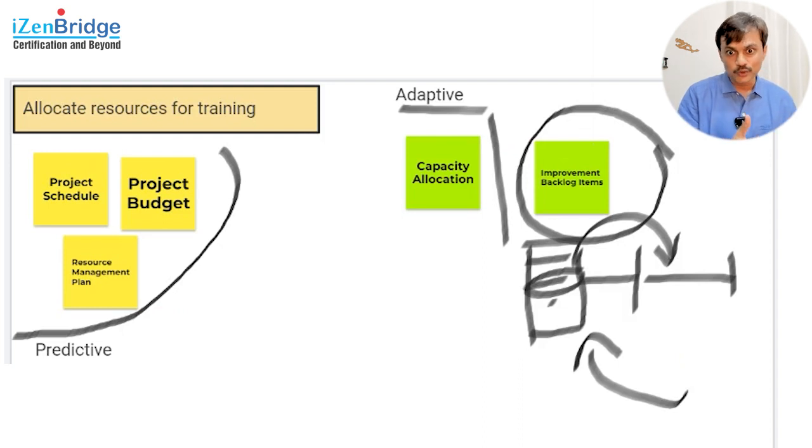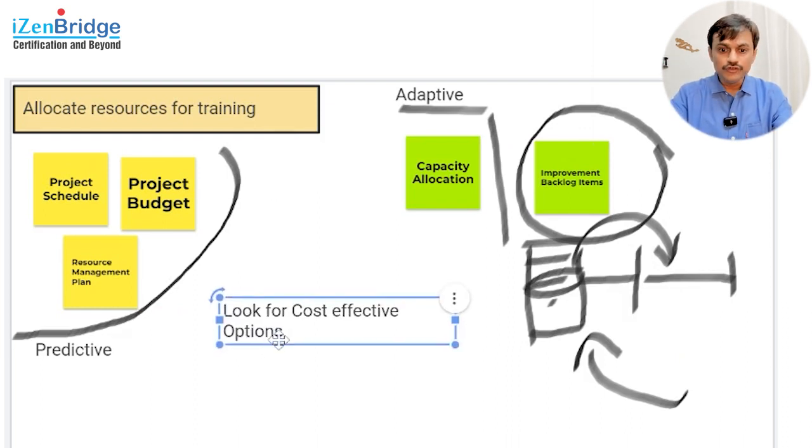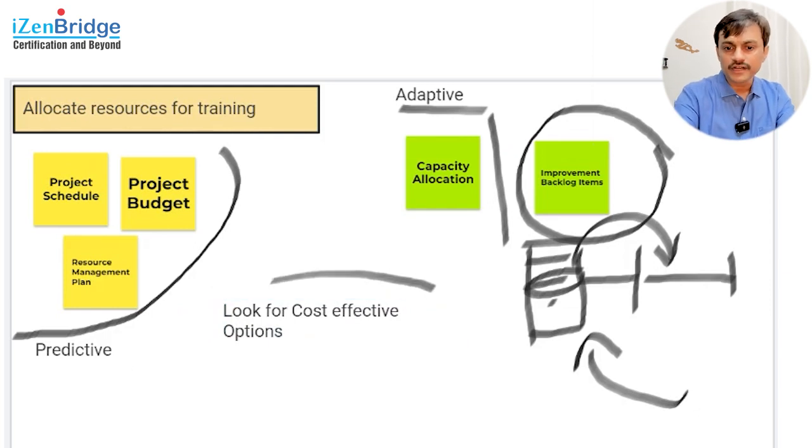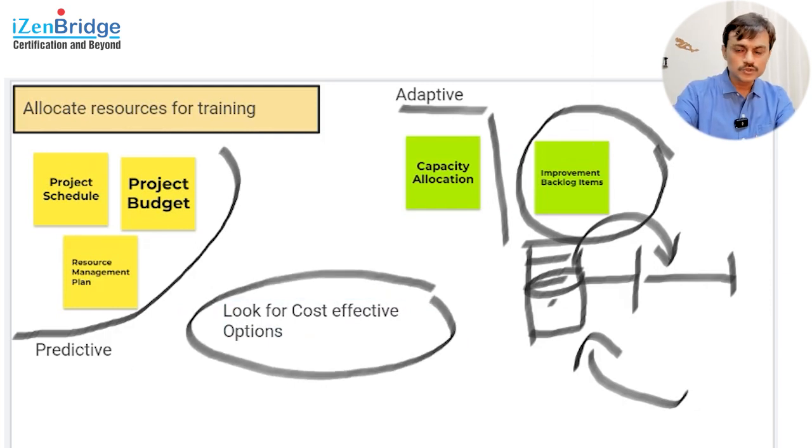The essential resource is your team's time, and then definitely the trainer, the facilities, the licenses, the other infrastructure, and everything should match in our scheduling and costing. Now, another important parameter from the exam perspective: we need to look for cost-effective options. Our project management is all about giving the best value to our stakeholders.